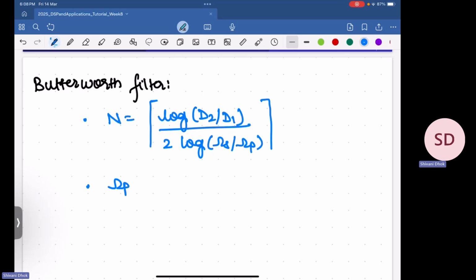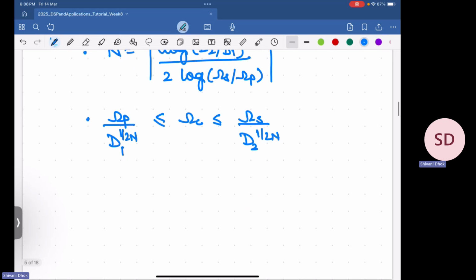So we have omega p by d1 to the power 1 by 2n less than or equal to omega c less than or equal to omega s upon d2 to the power 1 by 2n. Any cutoff frequency between this range is allowed. You can't go outside this range. Any frequency within this range is allowed.